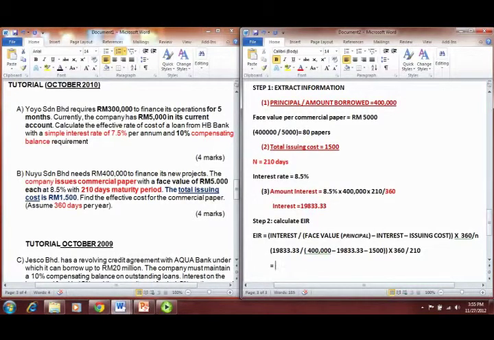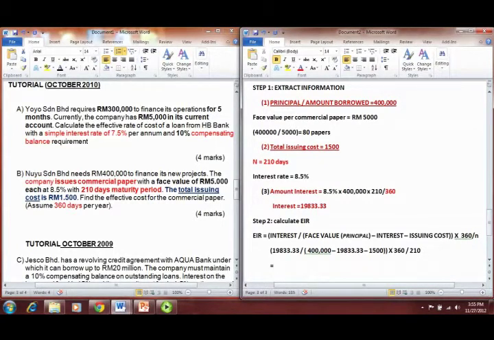First you need to do 400,000 minus 19833, that is your amount of interest, minus your issuing cost. The question has given you 1,500.